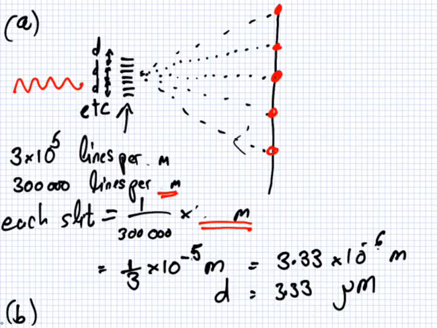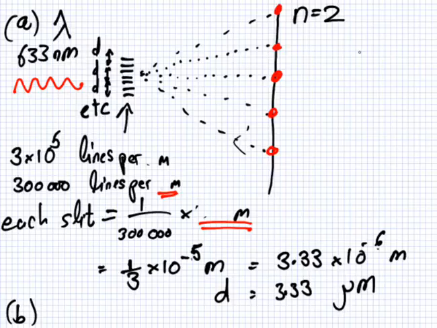Then how big is each one? Divided by 2. And if I said there were 3 slits, then how big would each one be? Divided by 3. So in other words, it'd be 1 over the number. So in this question I said there was 1, 2, 3, 4, 5 slits per meter. So I need to do 1 over this number to get how big each one is. Okay.